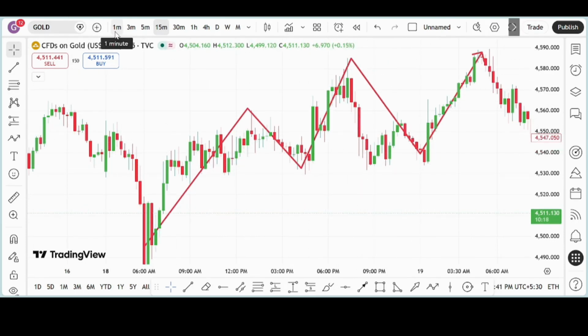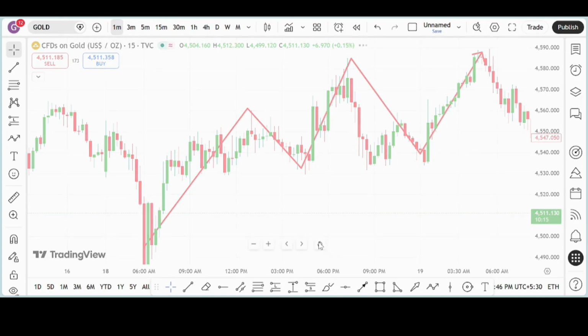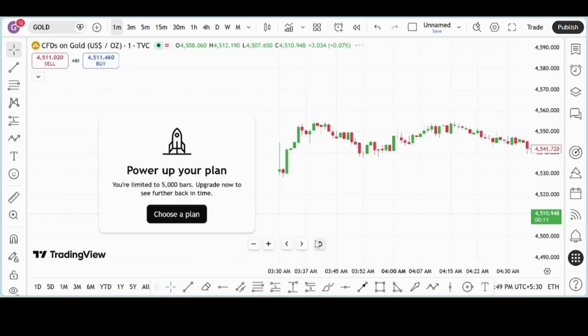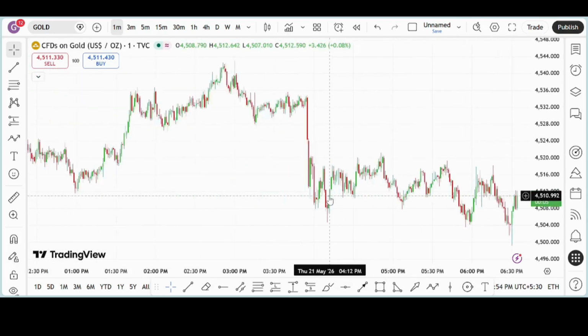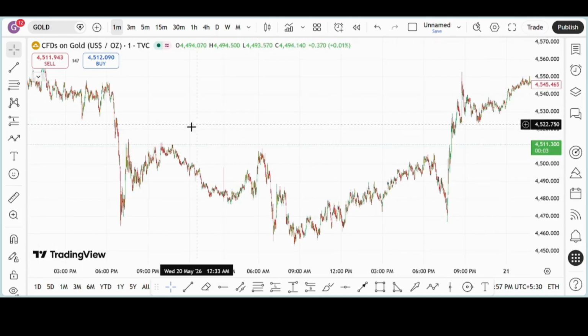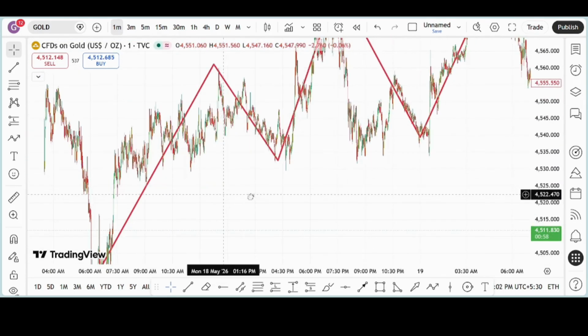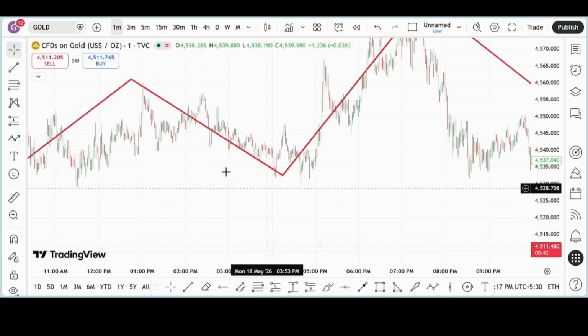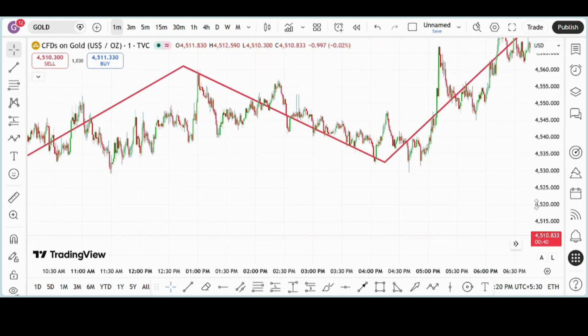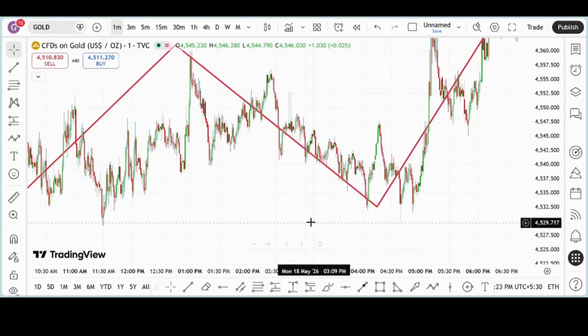Let's watch this deeply in 1 minute time frame. Then you will understand very well. I'll show it. Yeah, here it is. So market in higher time frame is making higher high, higher low, uptrend.